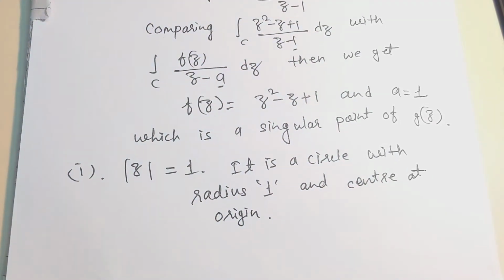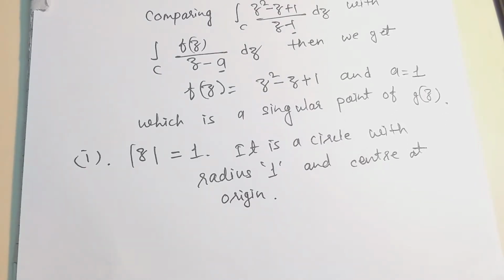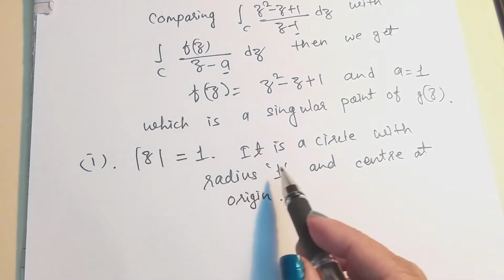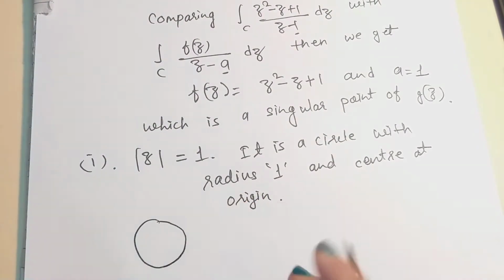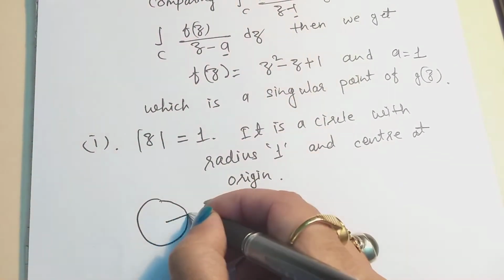I have also explained the equation of a circle in the complex plane in my previous videos. So it is a circle with radius 1 and center at the origin. Let's draw it. It will be like this.